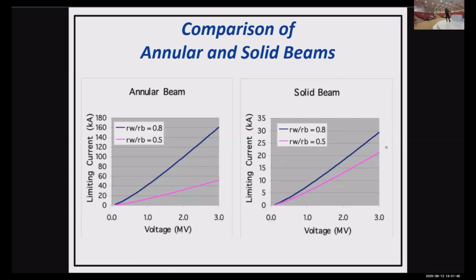This is a comparison between the annular and the solid beam, and you can see that with an annular beam you can get much higher current out of the same graphite material. So kiloamps at this level, with the same applied voltage. Let's assume you have 1 megavolt applied between cathode and anode. You can generate maybe 5 to 10 kiloamps with this ratio between the wall and the beam, but with an annular beam, you're talking about 40 kiloamps.